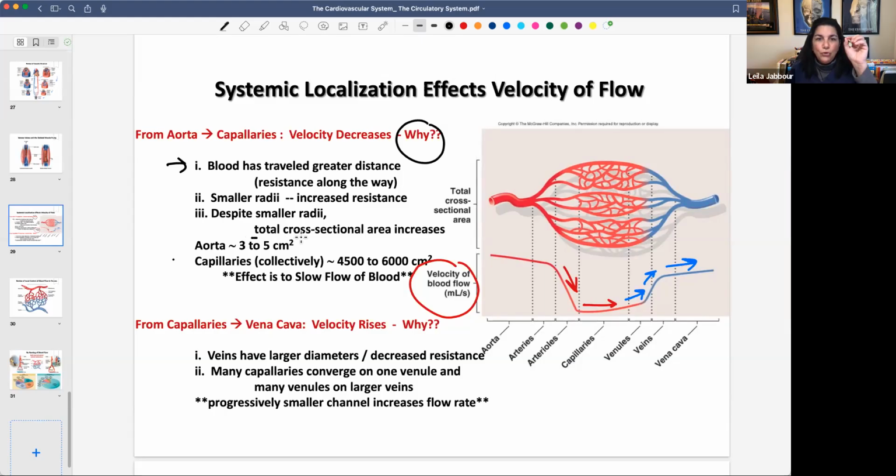So the total cross-sectional area actually increased because you're looking at this cross-section plus this cross-section, this and this and this and this and this and this. And when you add them all up, it's a much bigger area. So that has the effect to slow the flow of blood.